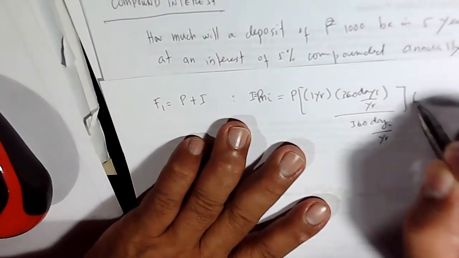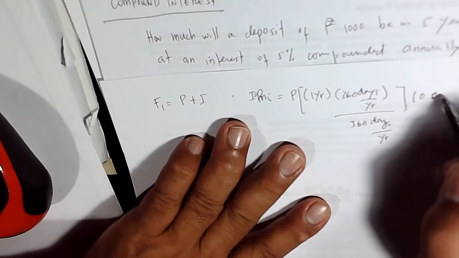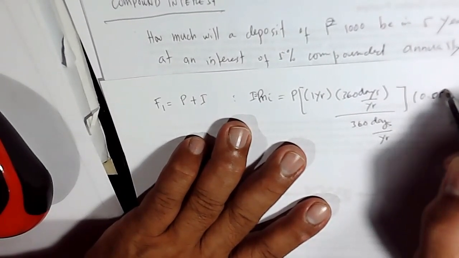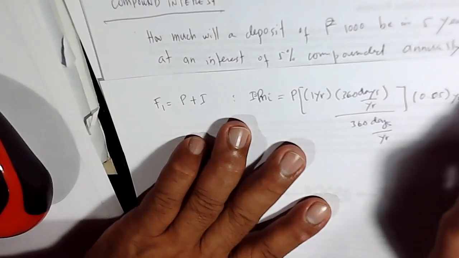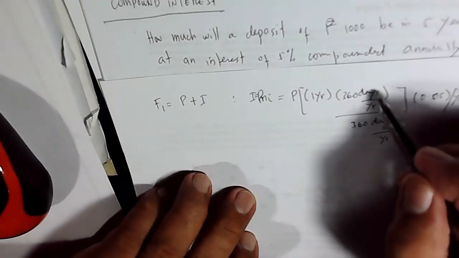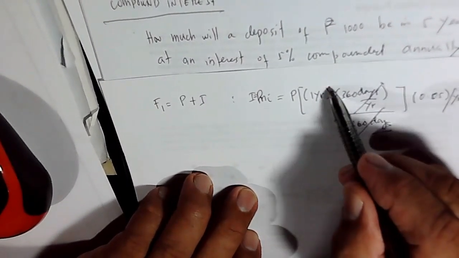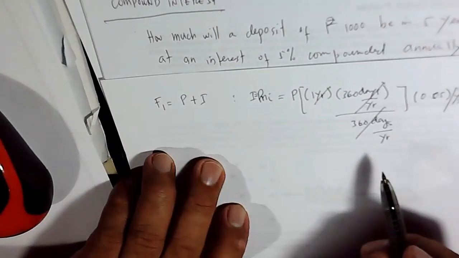Then multiply that by an interest rate of 5% per year. Okay, so this will cancel out. 360 and 360 will cancel out. Here and here also cancel out.